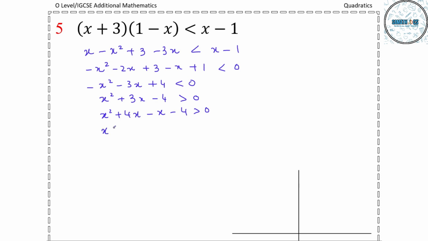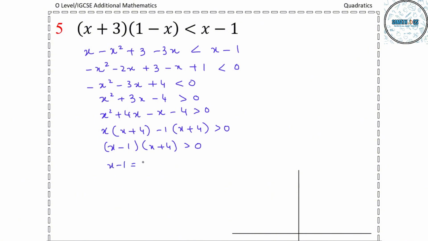We'll take common x plus 4, minus 1, x plus 4. Then we have x minus 1, x plus 4 is greater than 0.